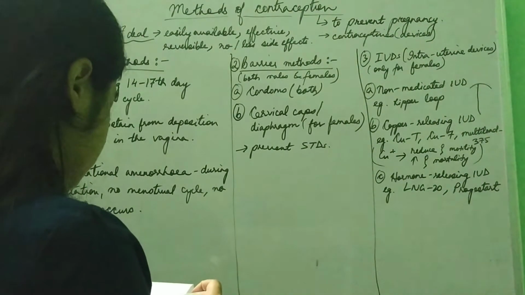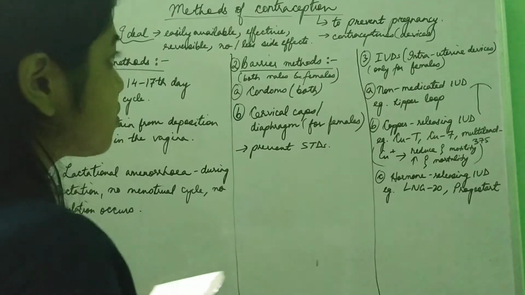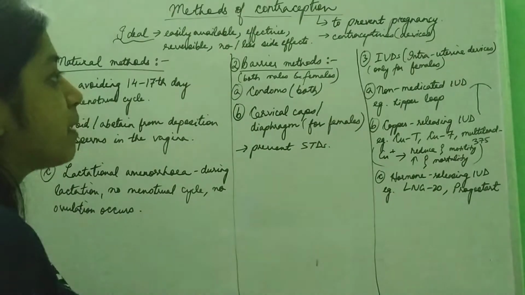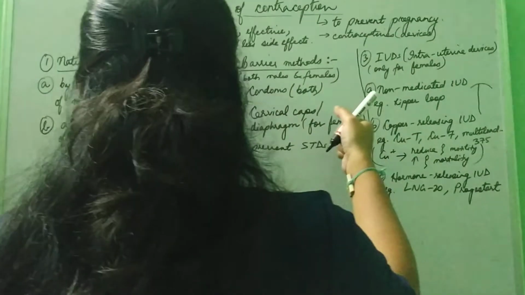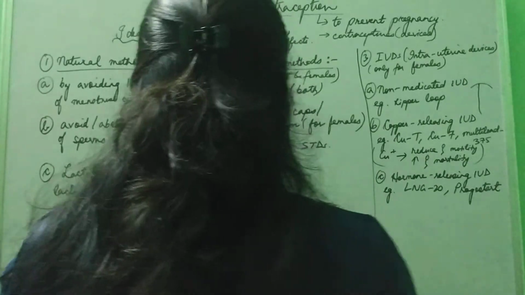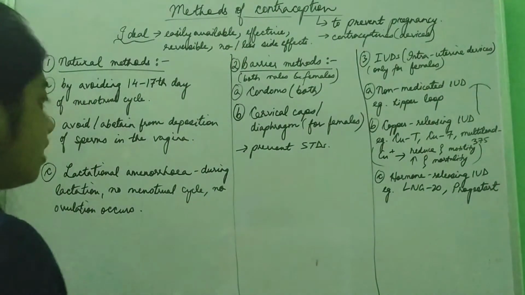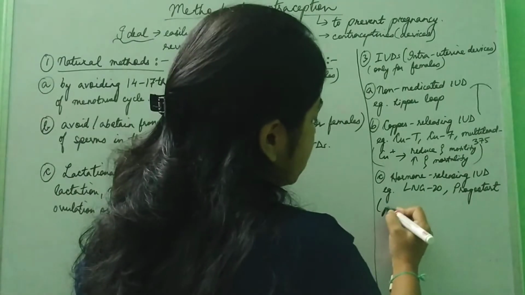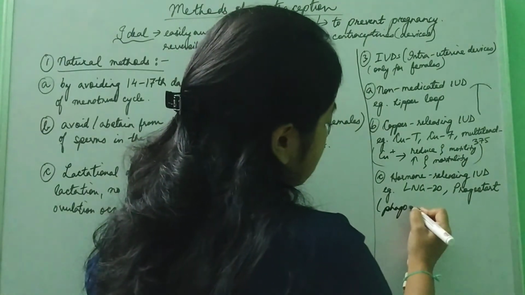Then next we'll see some chemical methods. Before that, just remember, these IUDs increase phagocytosis. That means sperms would be engulfed by phagocytes in the female tract. So in case of IUDs, phagocytosis occurs.